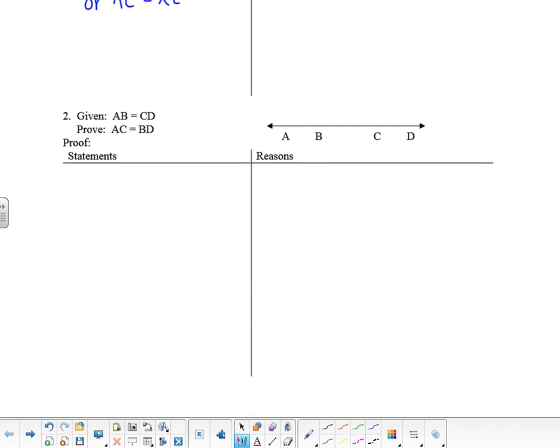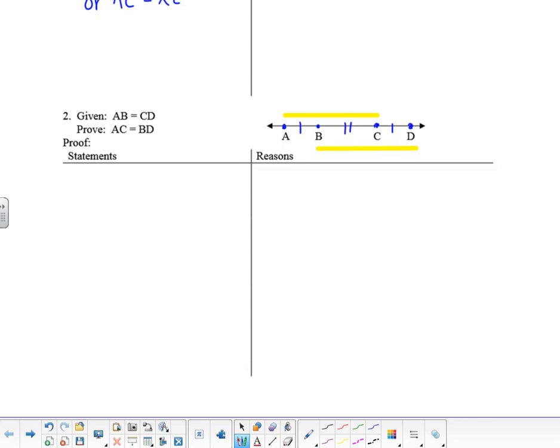Okay, so in number 2, sorry for not putting the points on these, we're given that AB is equal to CD. And what we're trying to prove here is that this segment AC is equal to BD. What we want to notice here is that the piece that needs to be added to both of those is BC.